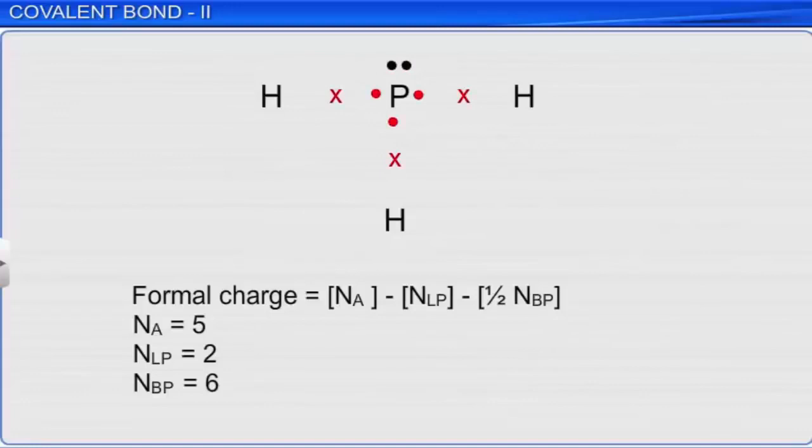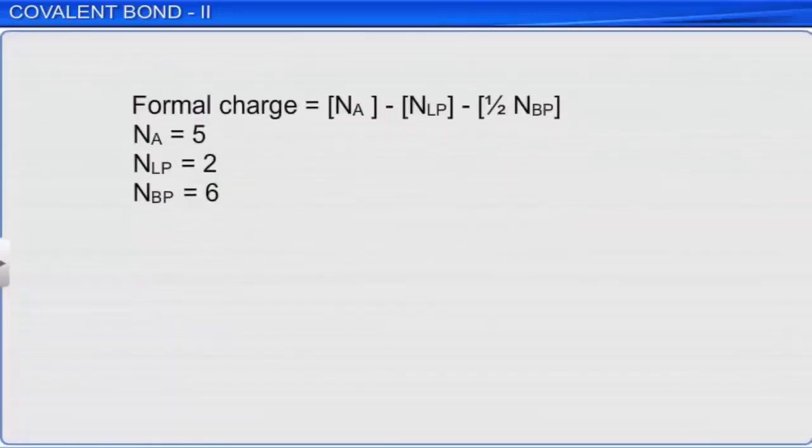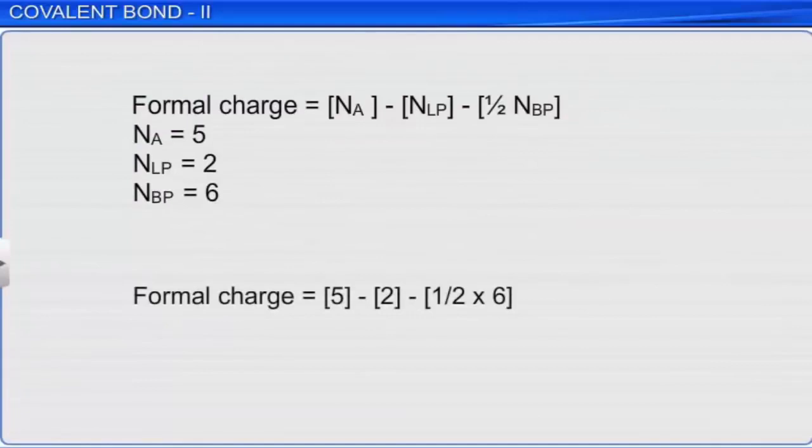There are 6 shared electrons among 3 hydrogen atoms and 1 phosphorus atom. Therefore, the formal charge is 5 minus 2, minus half of 6, which is 3. This gives us the formal charge as 0.